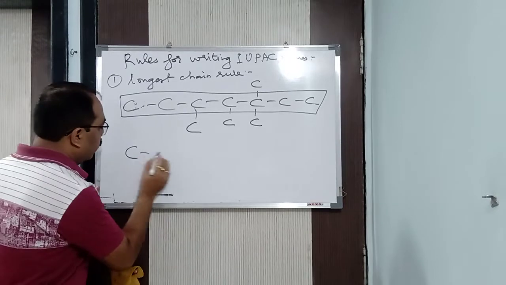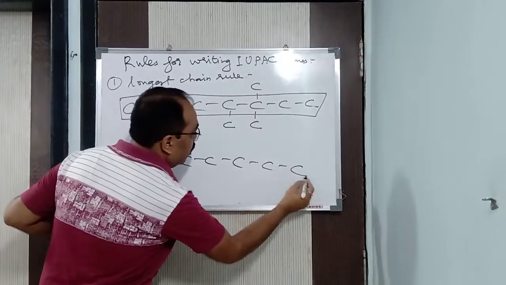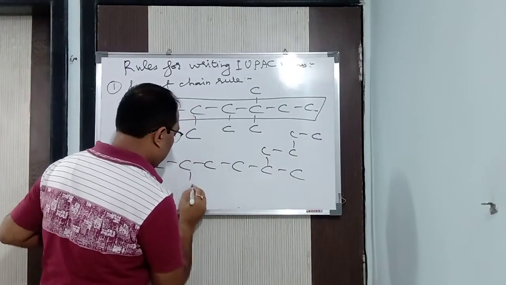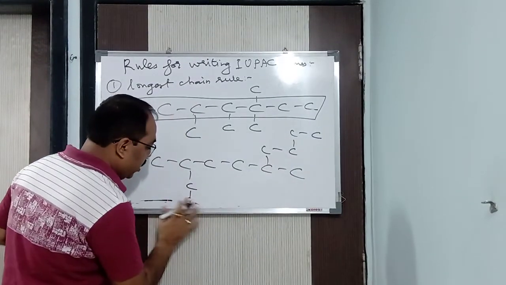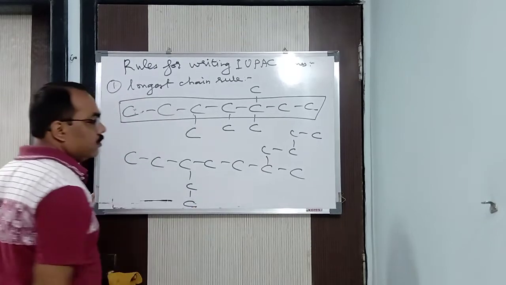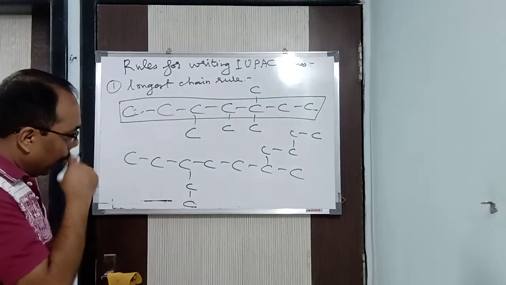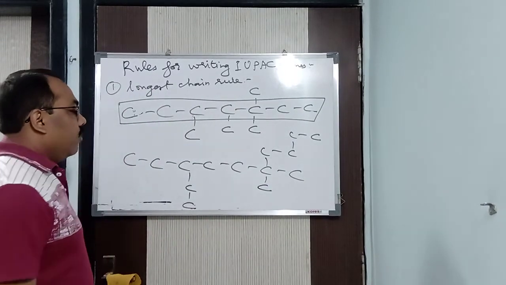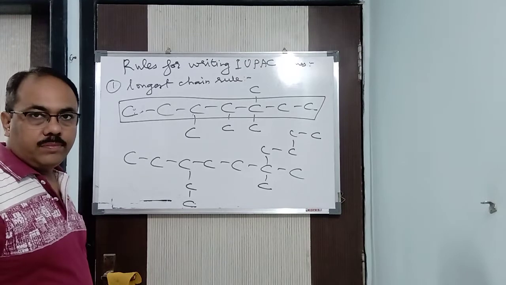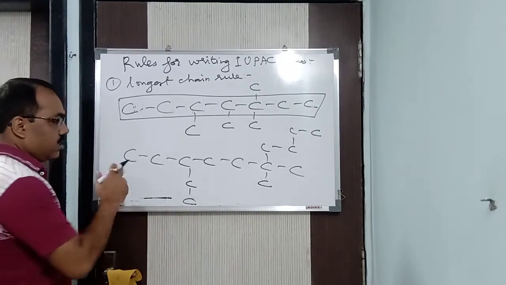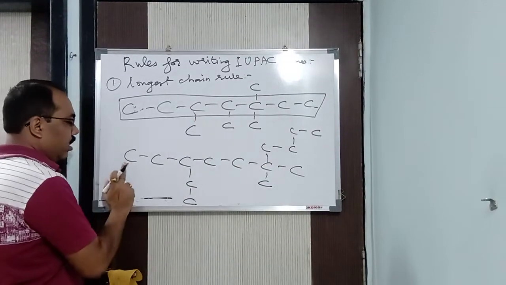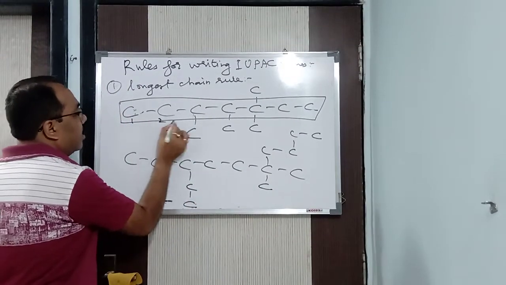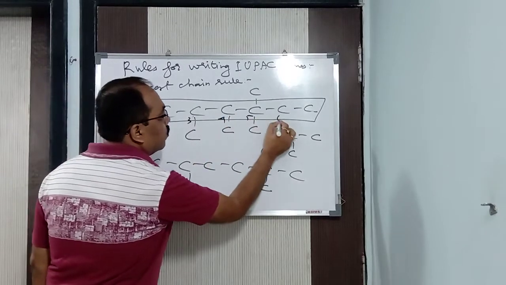One more example I will give you. Suppose we are having something this way. Let me make one more here also. Now we need to find which is the longest chain. Let us always first see the straight chain. 1, 2, 3, 4, 5, 6, 7. Let me write the numbers so that you will come to know.